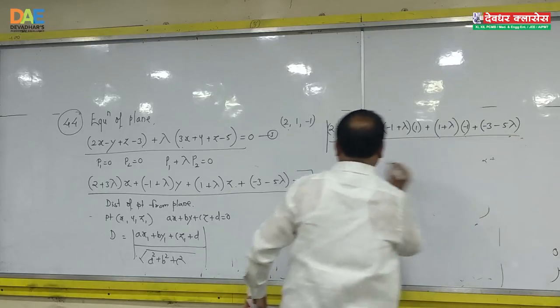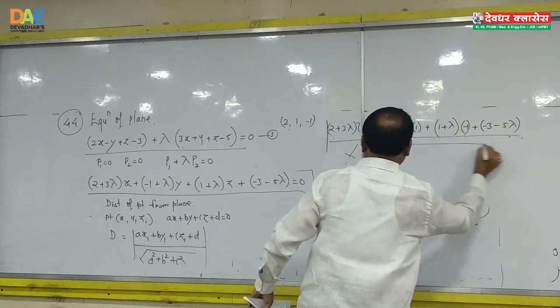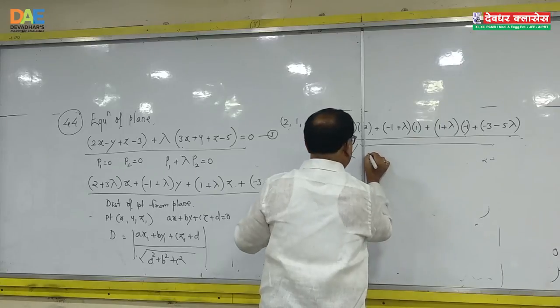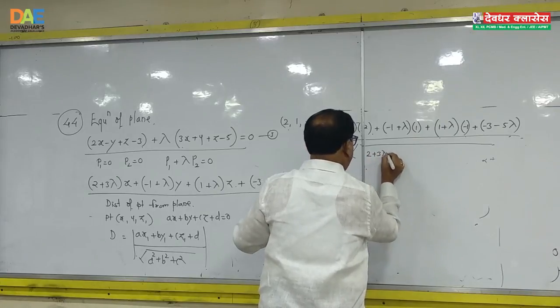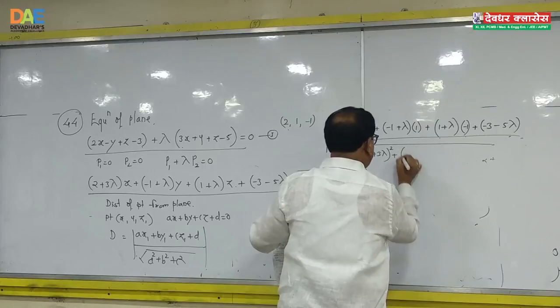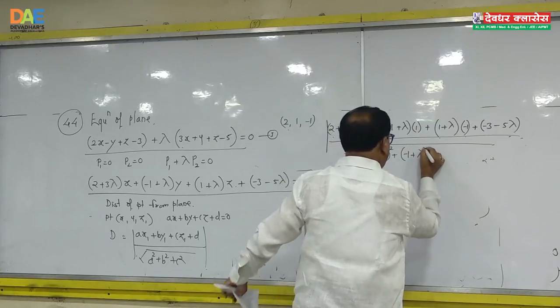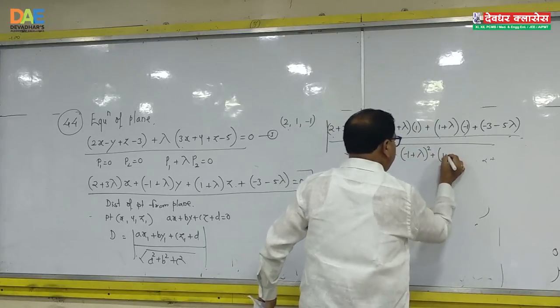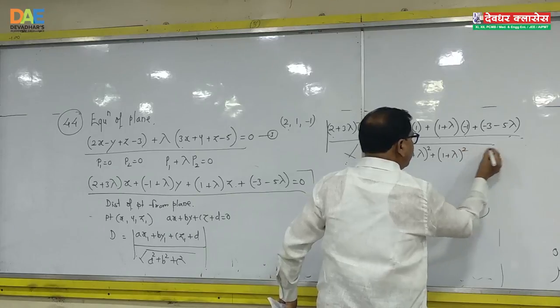the square root of (2 + 3λ)² + (-1 + λ)² + (1 + λ)².